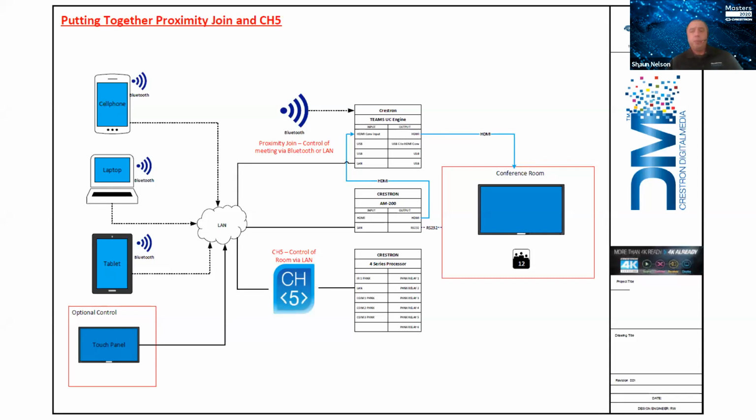So Sean, there's an interesting question here about xPanel. Is xPanel going to be used in the room, or is it each member of the company having an xPanel? xPanel is usually used within the room itself, and it's usually specific to that room. The AM200 can allow you to set passwords, and change those passwords based upon whichever meeting you happen to be on, a password randomizer, if you will.